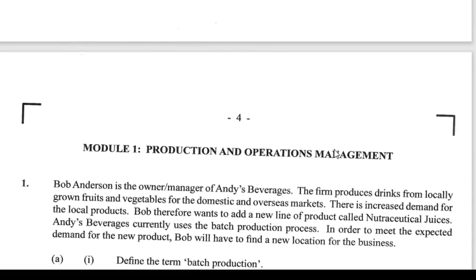Andy's Beverages currently uses the batch production process. In order to meet the expected demand for the new product, Bob will have to find a new location for the business. Now, the first question, A1, says, define the term batch production.